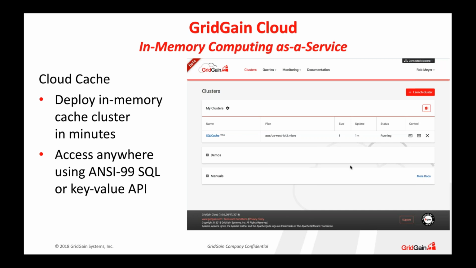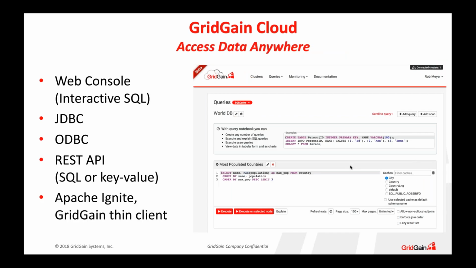You work everything out of the web console for configuring and monitoring, and you can access it via SQL driver or REST or via a connection as a thin client. So it literally takes 3 clicks to start a cluster, as Akmal will prove. And then once you're in there, you have a console that you can use to control, to monitor the cluster, and also to test it out.